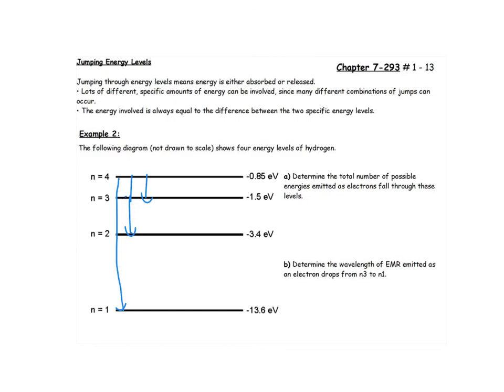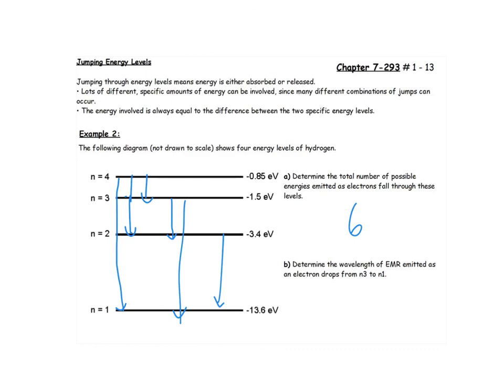We can also have electrons fall from 3 to 2, or 3 to 1, or from 2 to 1. So there's 6 different energies that we could have emitted from this. If we were to look at the emission spectrum of this atom, we would probably see 6 bands, which would correspond with these 6 different energy changes, and the ones that are more probable would be brighter.